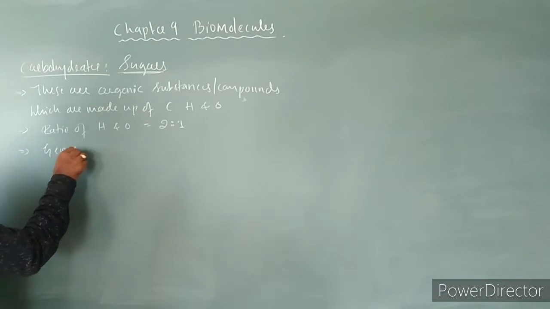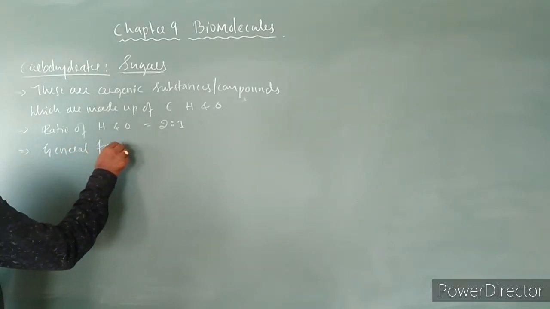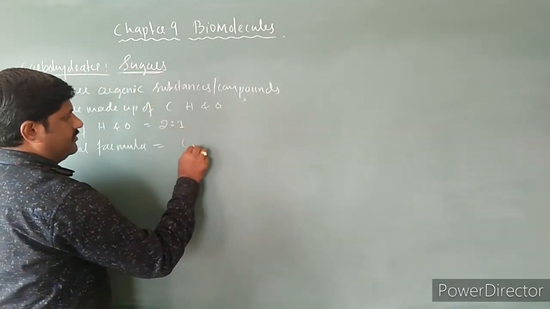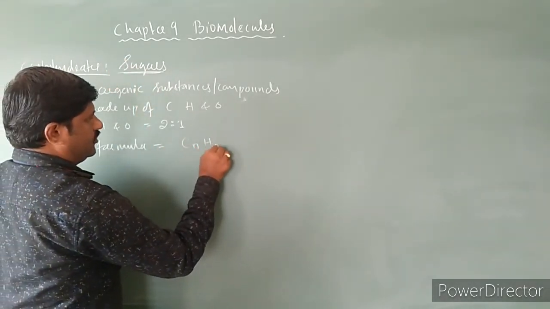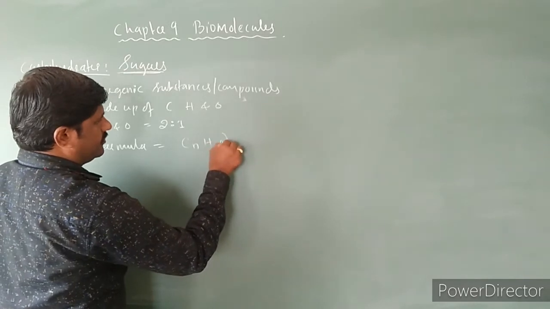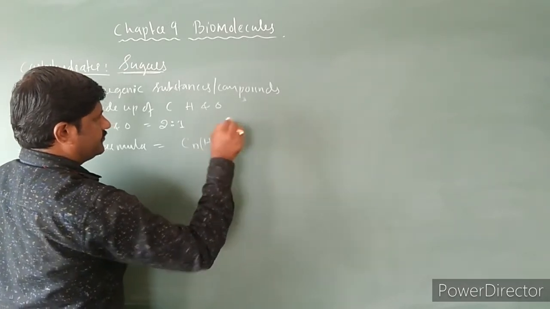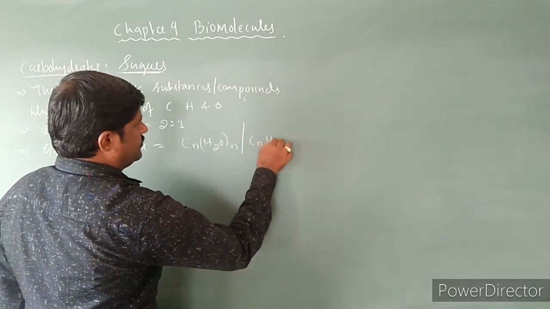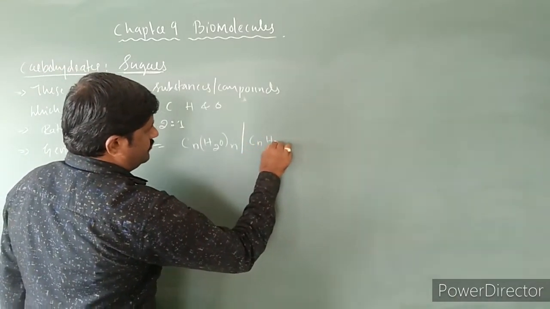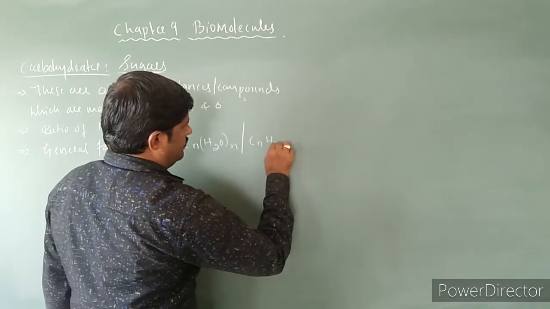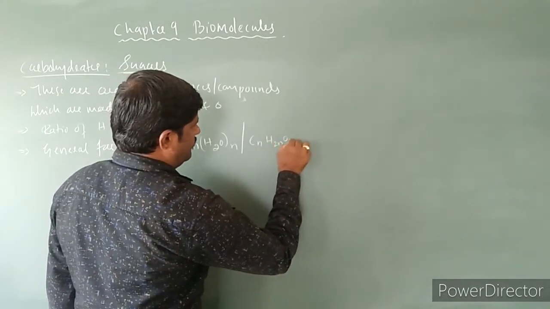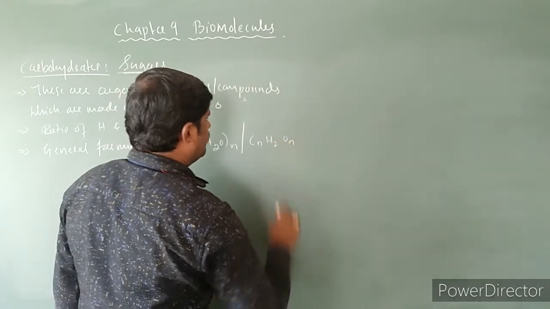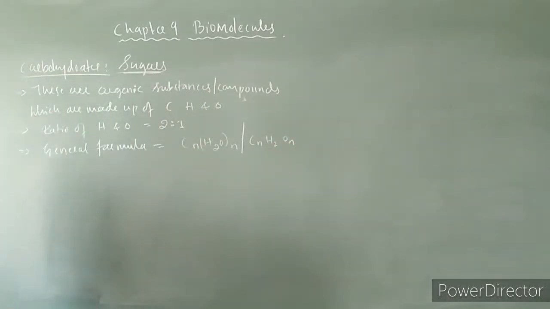So the general formula of these carbohydrates is CnH2On, or it is also written as Cn(H2O)n. So this way also it is written.